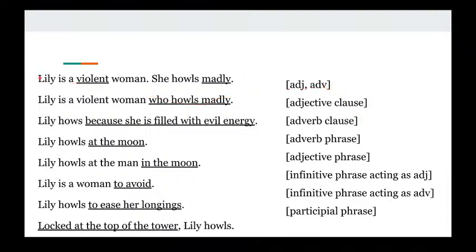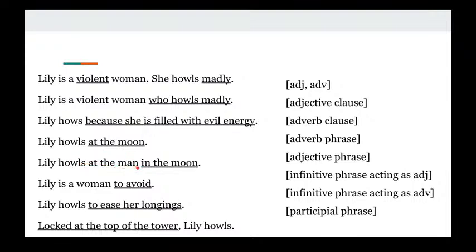We have sentence number 1, Lily is a violent woman. She howls madly. We have an adjective and an adverb. It corresponds directly to the underlined words or phrases. Lily is a violent woman who howls madly is an adjective clause. Lily howls because she is filled with evil energy is an adverb clause. Lily howls at the moon is an adverb phrase.